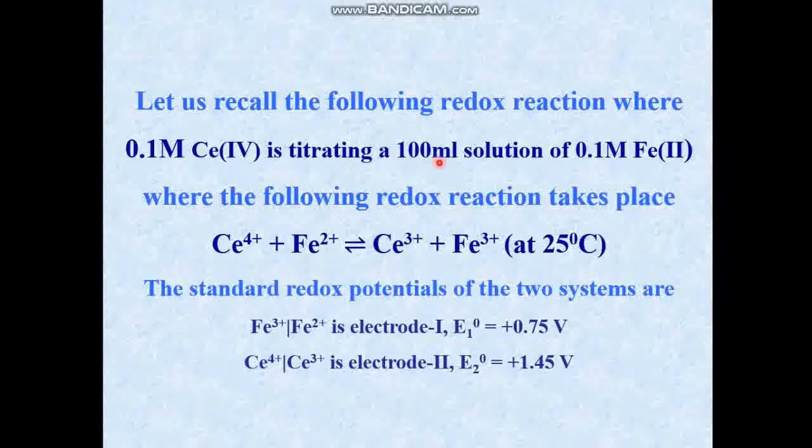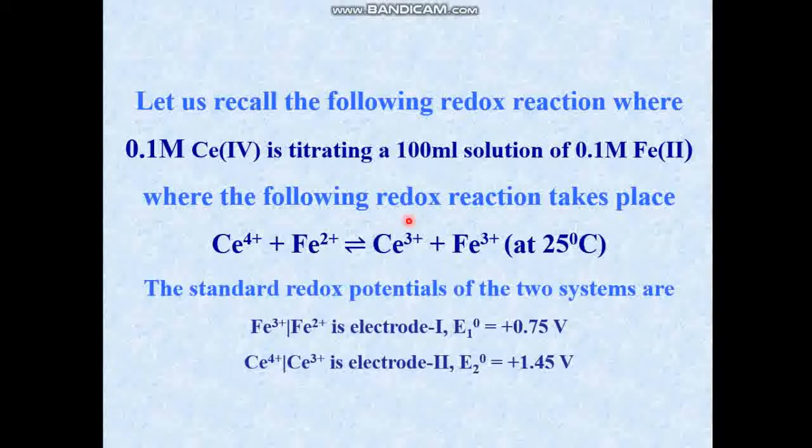Here 100 ml of 0.1 molar ferrous sulfate solution in H2SO4 has been taken in the conical flask, and in the burette, cerium sulfate, Ce(SO4)2 solution, of strength 0.1 molar, is being added dropwise.